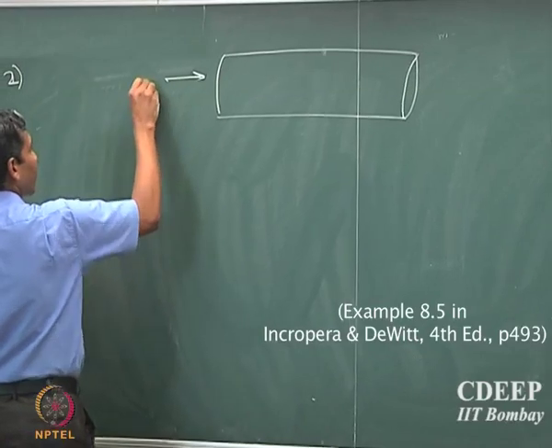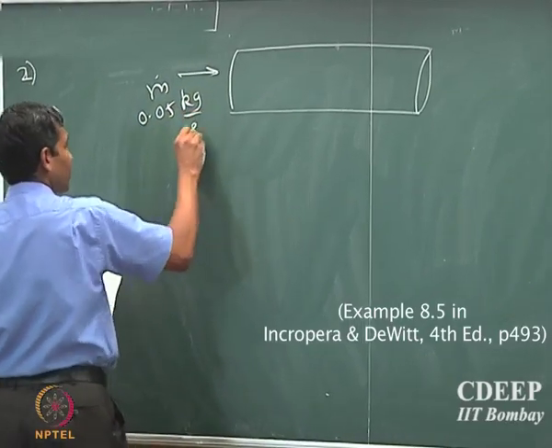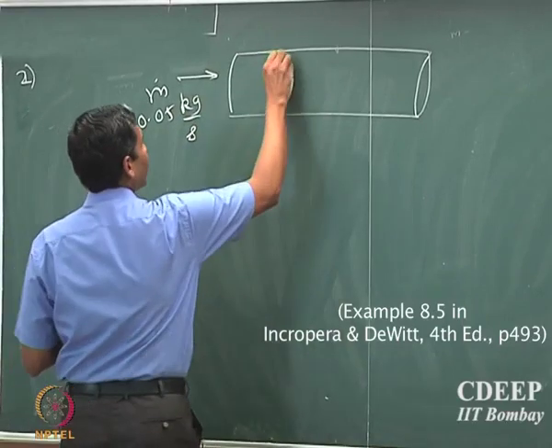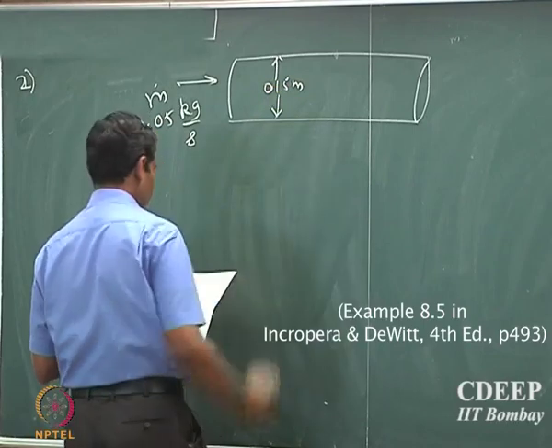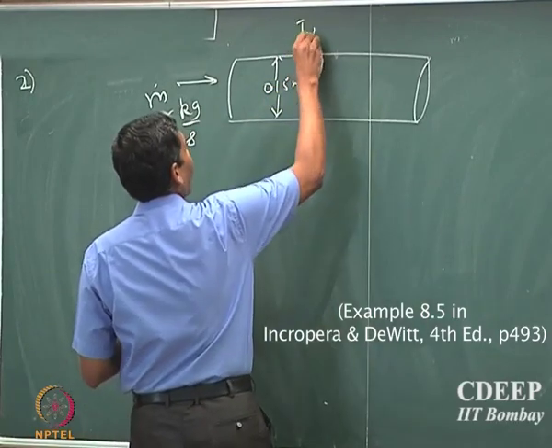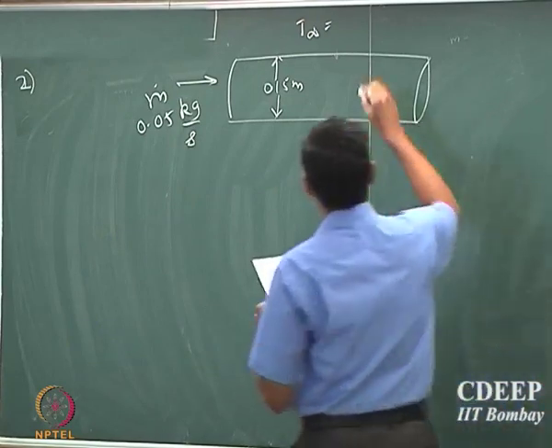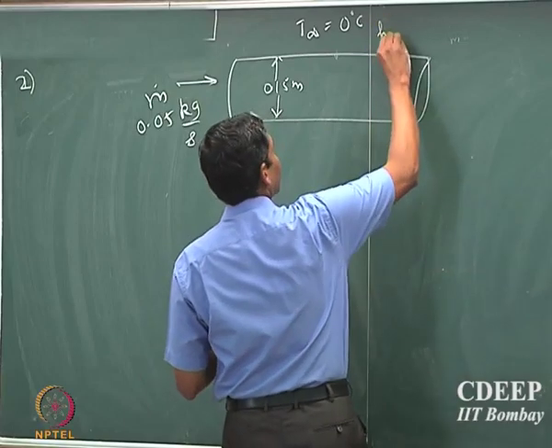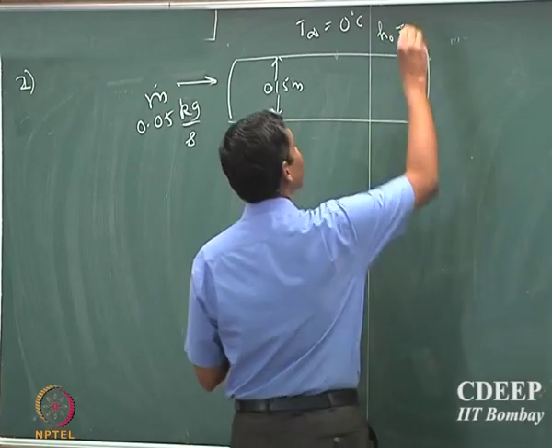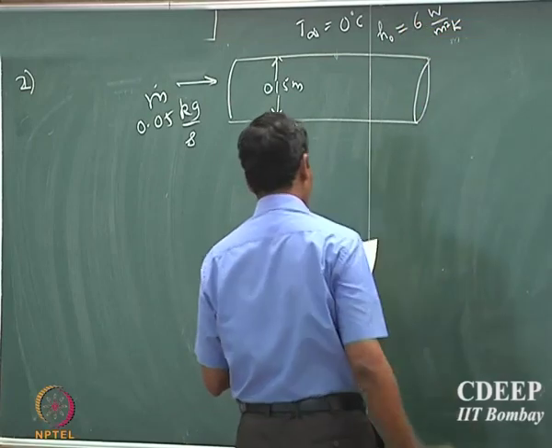We have a tube and we have a fluid which is flowing through it, 0.05 kg per second, and the diameter is 0.15 meters. And let's say there is a fluid which is flowing past the outer curved surface and it's at 0 degree C, and the external heat transport coefficient is 6 watt per meter square Kelvin.